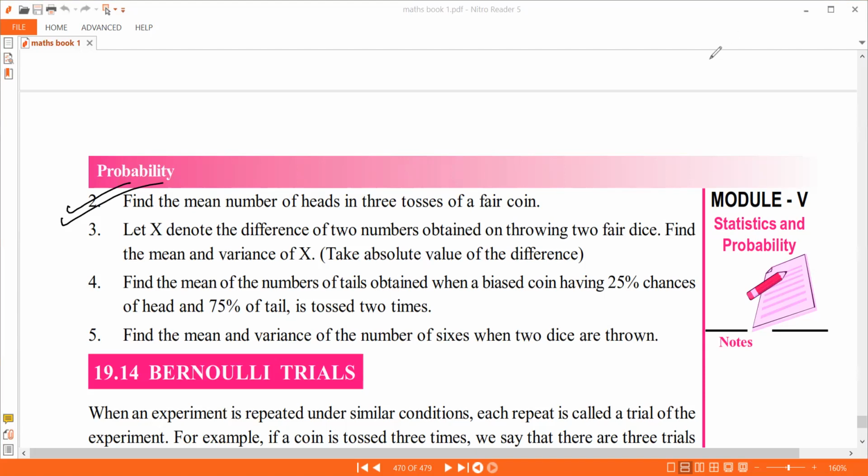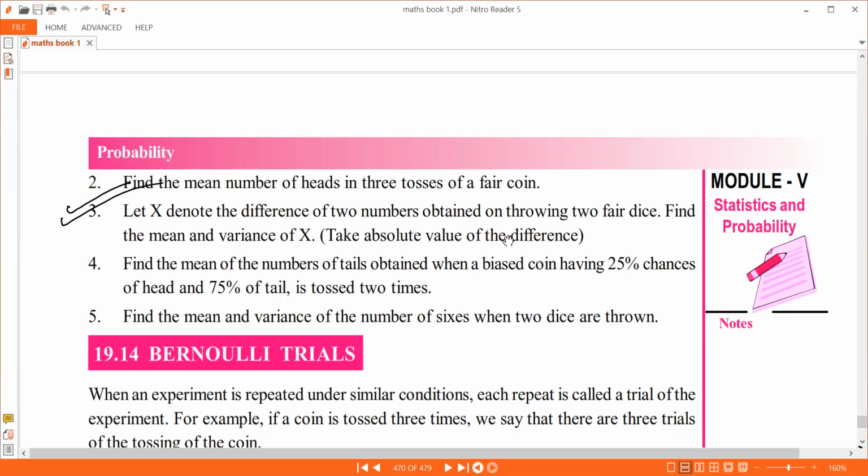I think Bernoulli trials are the last. After that, something else is also there. We have to see that. Let me check what is there next after Bernoulli trials. I don't think that is the last.